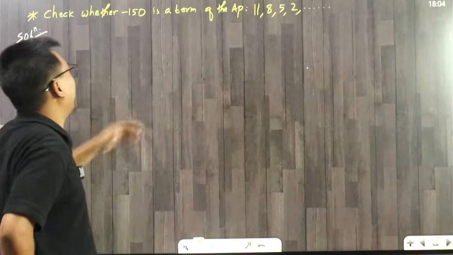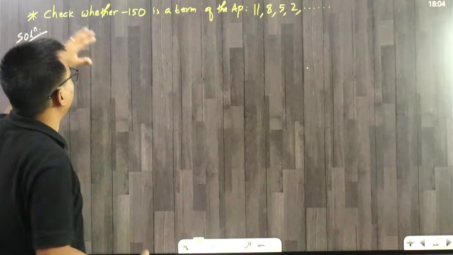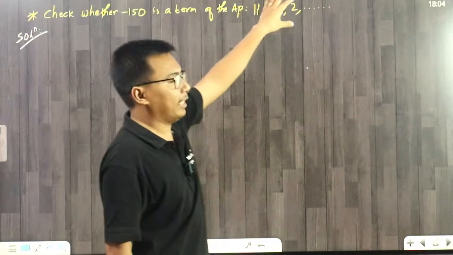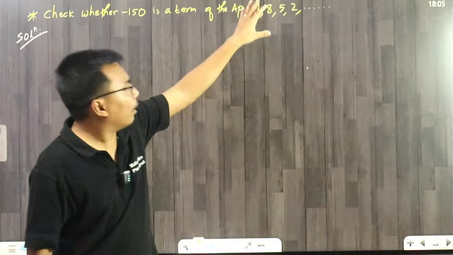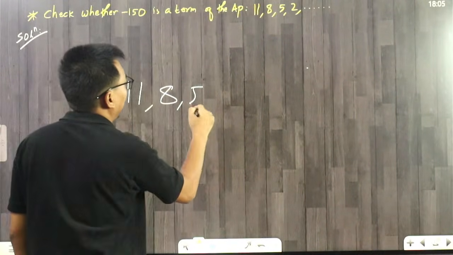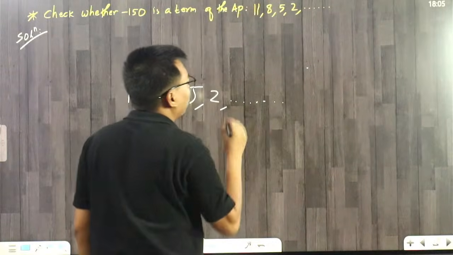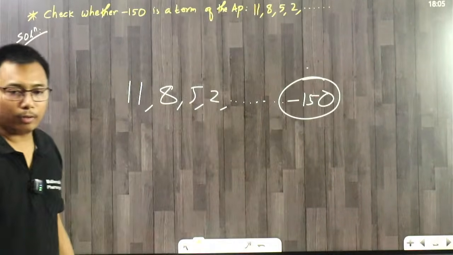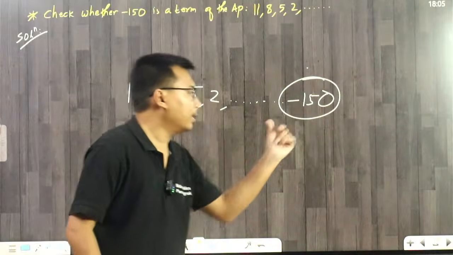The question is asking us to check whether minus 150 is a term of this AP: 11, 8, 5, 2, and so on.